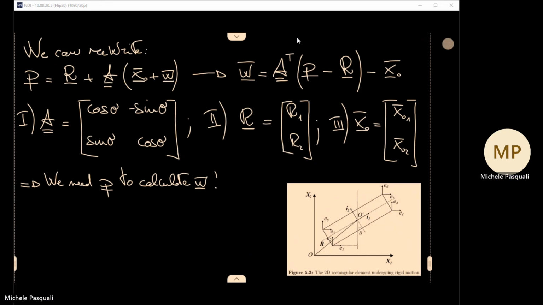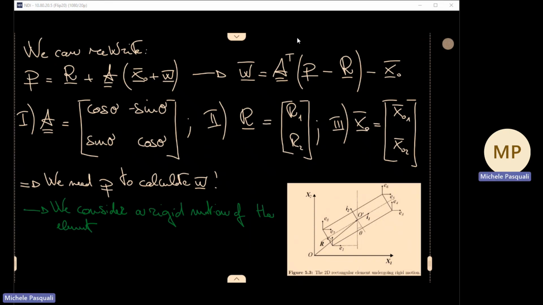Here, as I was saying, we consider a rigid motion of the element. To do so, we have to determine the nodal quantities. So, for example, what are the values of E1?